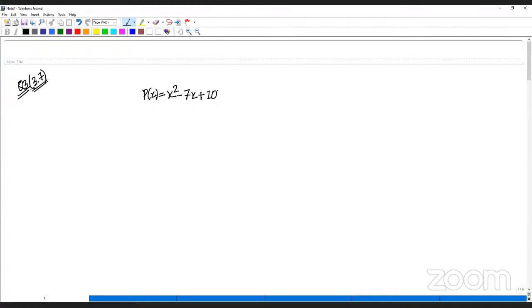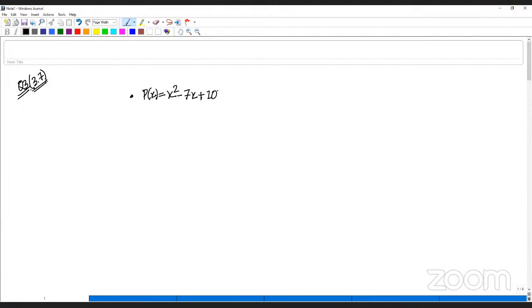ABCD is 10 and AD plus BC is 9. Okay, that is really a complicated way to solve this question. Again, I'll suggest you directly apply the quadratic root formula. So don't go into that.